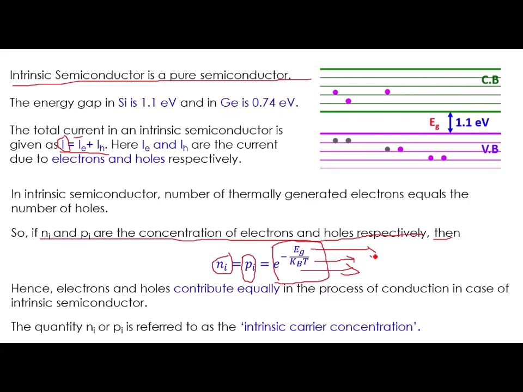And the second problem with the intrinsic semiconductor is that the number of electrons and holes that you can generate thermally is limited.